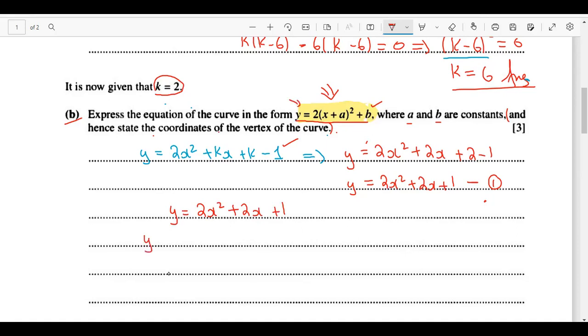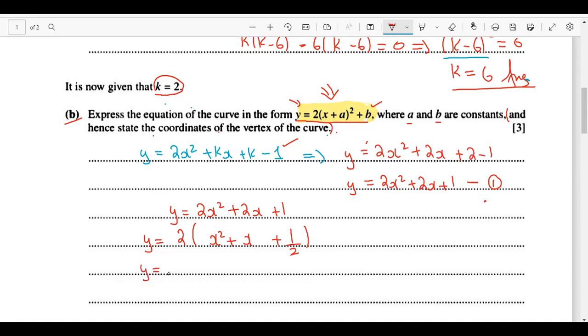Okay, then y equals, now I need to apply the completing square method. So step 1 is I need to separate x squared. That is, the coefficient of x squared must be 1. At the moment it is 2. So I will take 2 common and I would get x squared plus x plus 1 by 2. Okay, this is going to be my equation now.